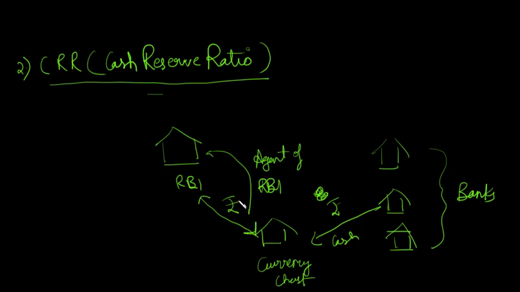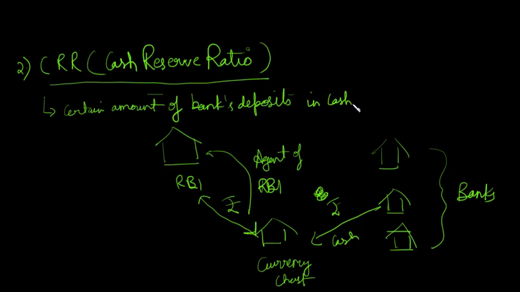So cash reserve ratio is nothing but a certain amount of bank's deposits. They have to keep a certain amount of their deposits in cash, specifically in cash, not in gold or securities, with RBI.